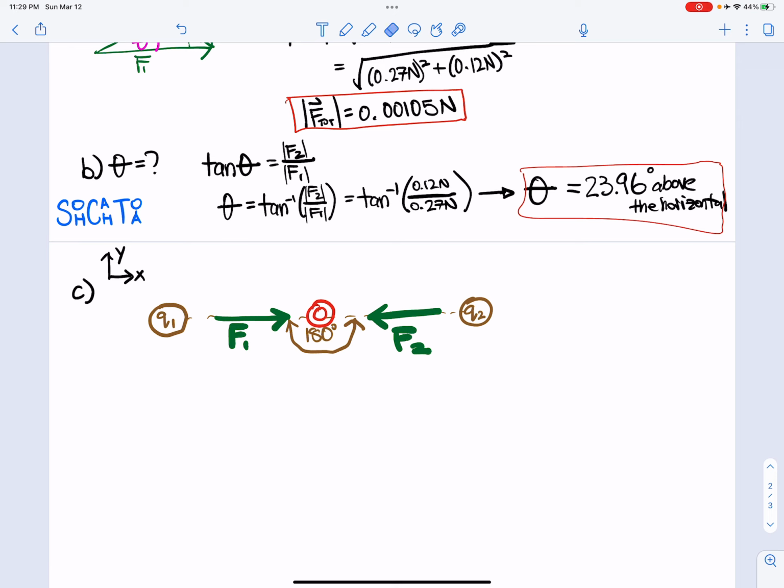And if the charge of Q1 was equal to the charge of Q2, then I would place point Q directly in the middle of this line, because then the force F1 would be opposite and equal to F2. So they would cancel out, right? But in this problem, that's not the case.